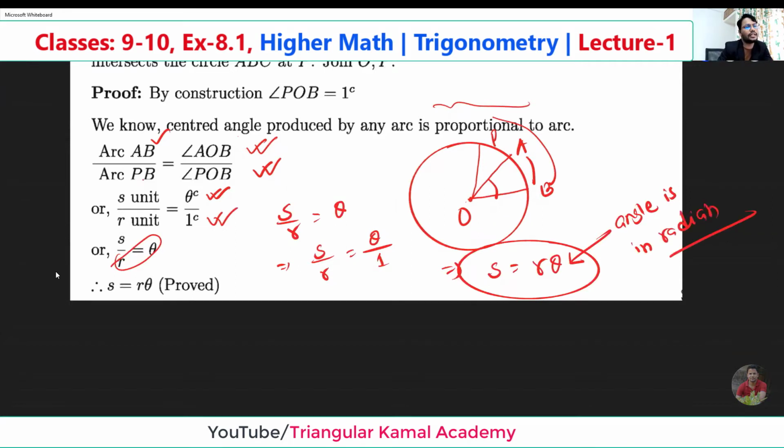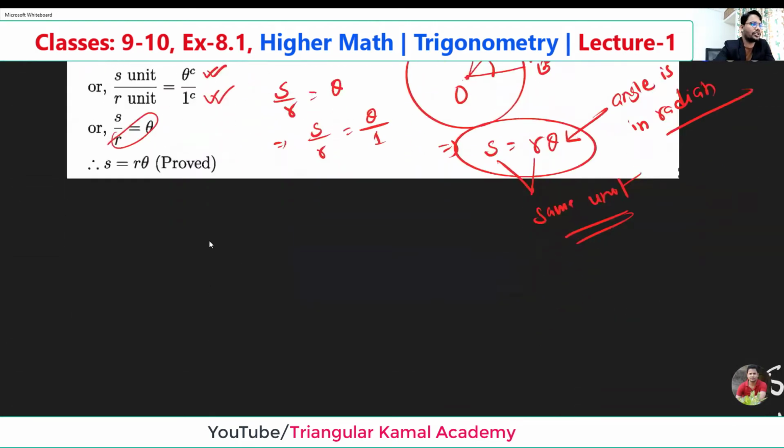Angle is in radian, and S and R are both in the same unit. If S is in kilometer, then R will be in kilometer. If R is in meter, S must be in meter. They are in the same unit, but theta must be in the radian. So by using this formula, we have to solve so many maths from exercise 8.1.